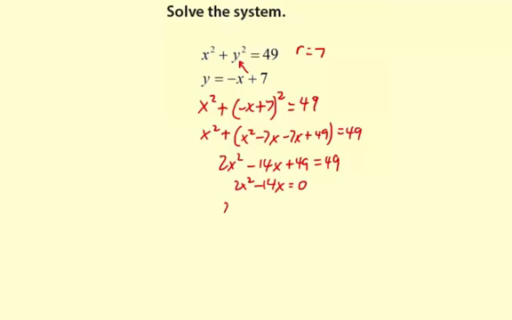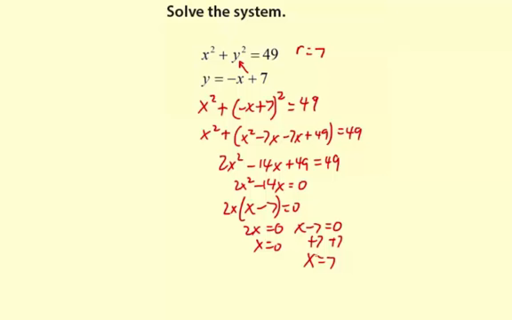We can factor out a 2x, and that leaves x minus 7 equals 0. Using the zero product property, we can say 2x equals 0 and x minus 7 equals 0. Divide by 2, x equals 0, and then add 7 to both sides, x equals 7.